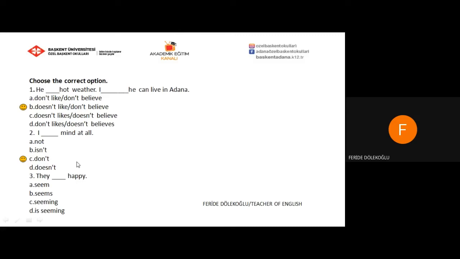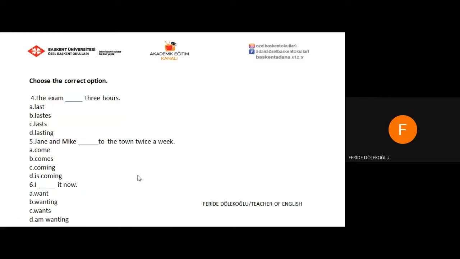Question 3. They seem happy. In positive sentences with I, you, we, they, we use verb 1. Let's continue. The exam, or it, lasts 3 hours. Jane and Mike, or they, come to the town twice a week.